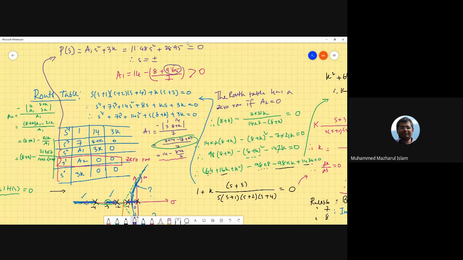So the points are found from P(s) equals 0. This is the square root of 28.95 divided by 11.48, and this will be imaginary. It is 1.59. So this is our imaginary axis crossing point. The value inside should be negative in order for this to be imaginary.